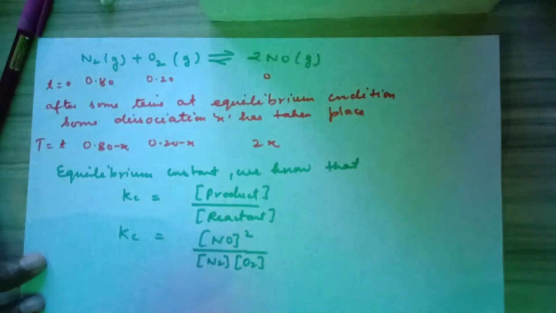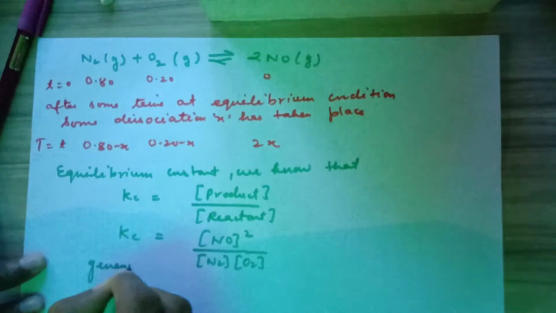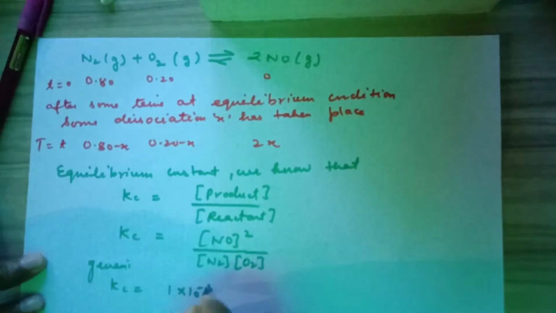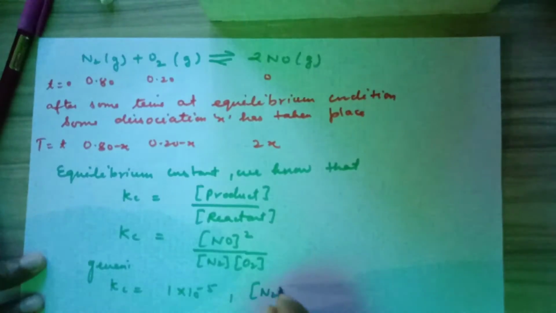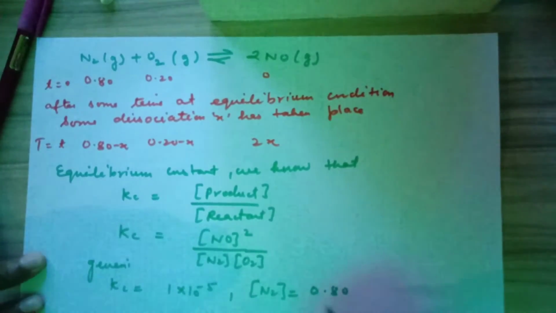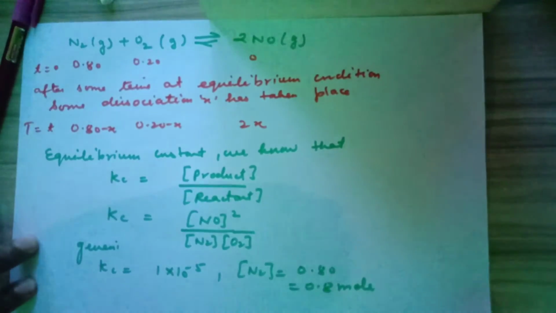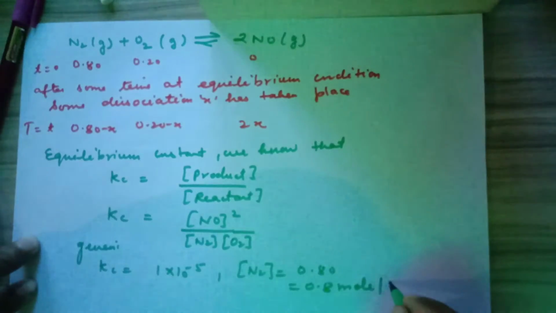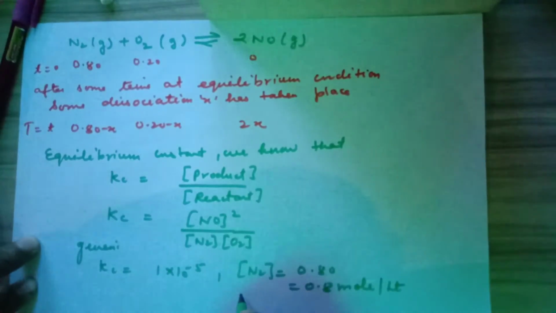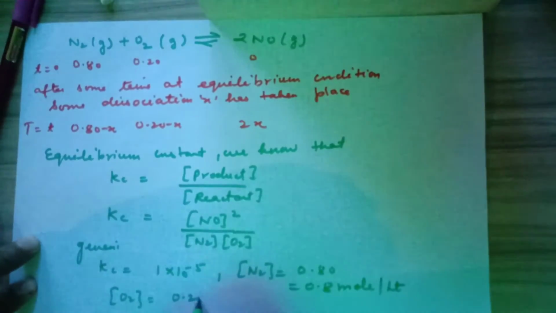From the given condition, Kc is equal to 1 into 10 to the power minus 5, while the concentration of N2 is 0.80, which can be written as 0.8 mole per liter, while that of O2 can be written as 0.20 mole per liter or 0.2 mole per liter.